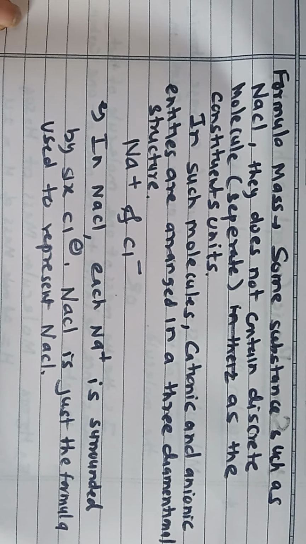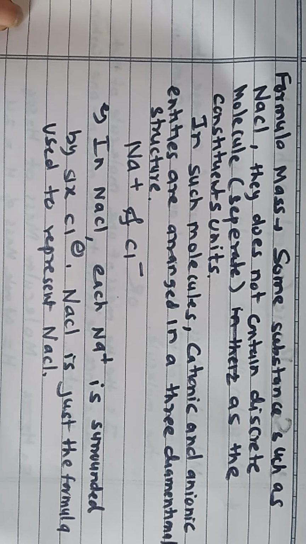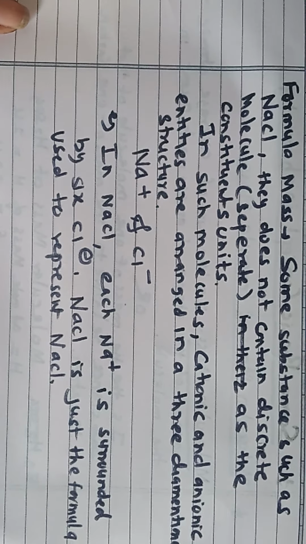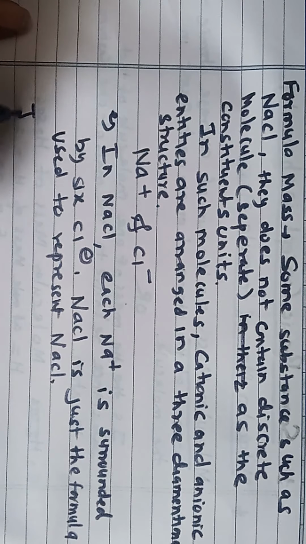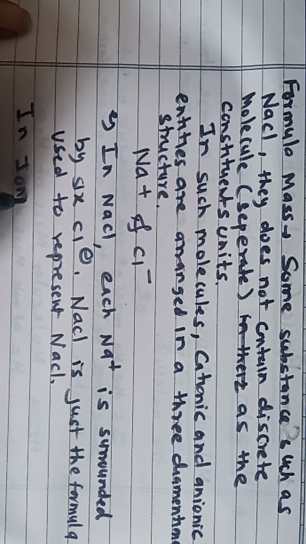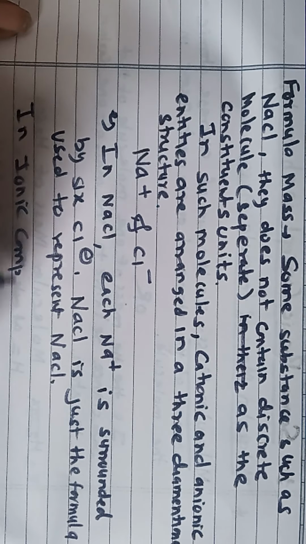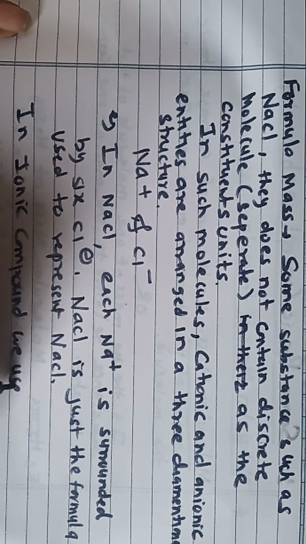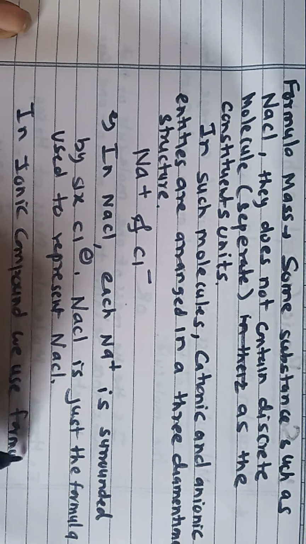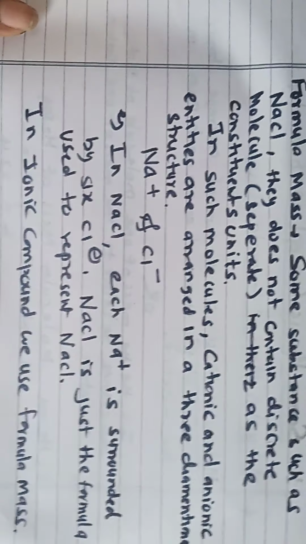So we just use NaCl as a formula. Therefore, in an ionic compound, instead of the molecular mass, we consider the formula mass. In ionic compounds we use the term formula mass.